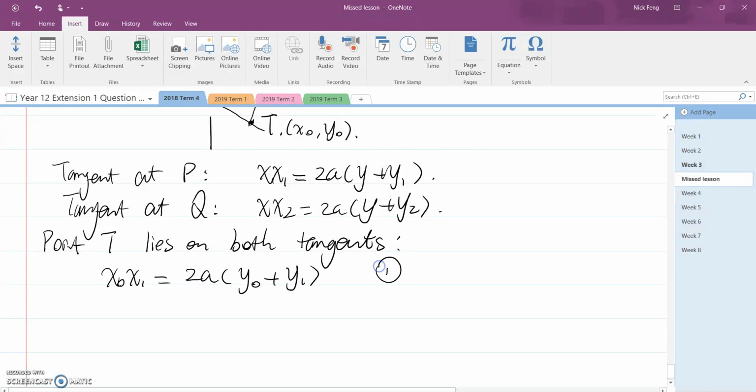That's called equation 1, by substituting (x0, y0) into the tangent at P. And we're going to substitute x0 and y0 into the tangent at Q as well. So basically, this is a fact. These two are no longer variable equations. They are just fixed relationships now with x0, x1, y0, y1, and x0, x2, y0, y2.